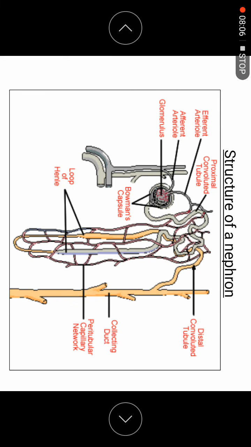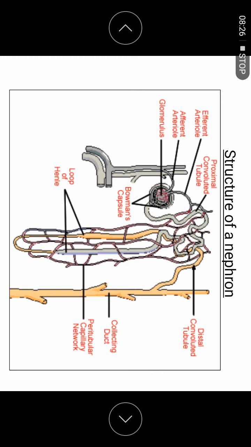You see, from the grey one, this is the afferent arteriole. Afferent means enter, so it enters this Bowman capsule. I hope you have read up the parts, the names of the nephron. At the Bowman capsule, it's just like a bowl.